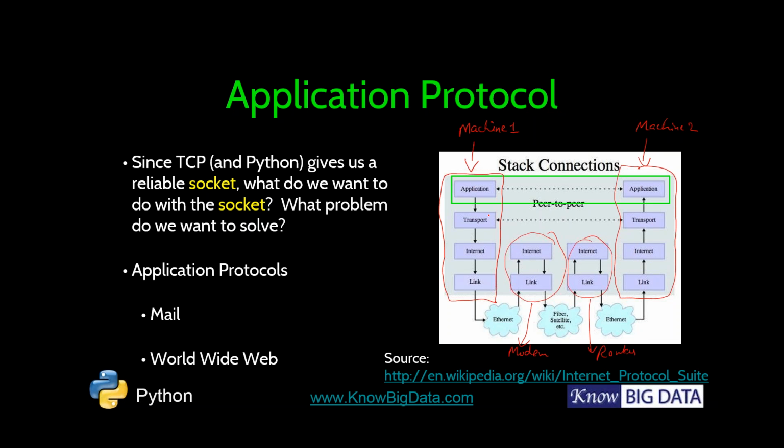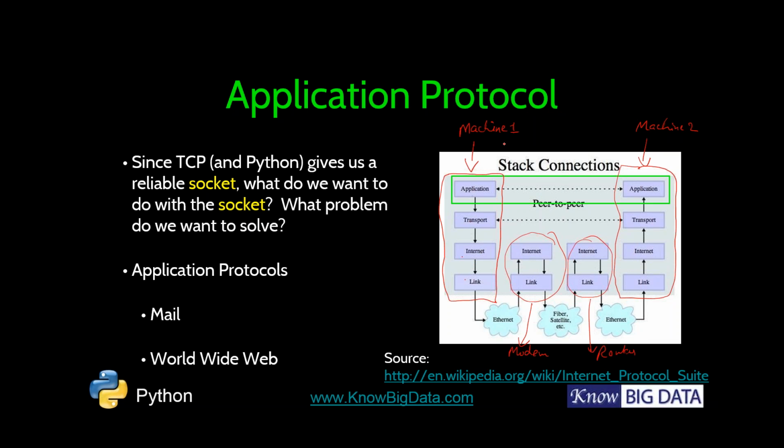This machine wants to talk to this machine. That's this stack. The layers you see here, 1, 2, 3, 4, are the layers through which the data flows.